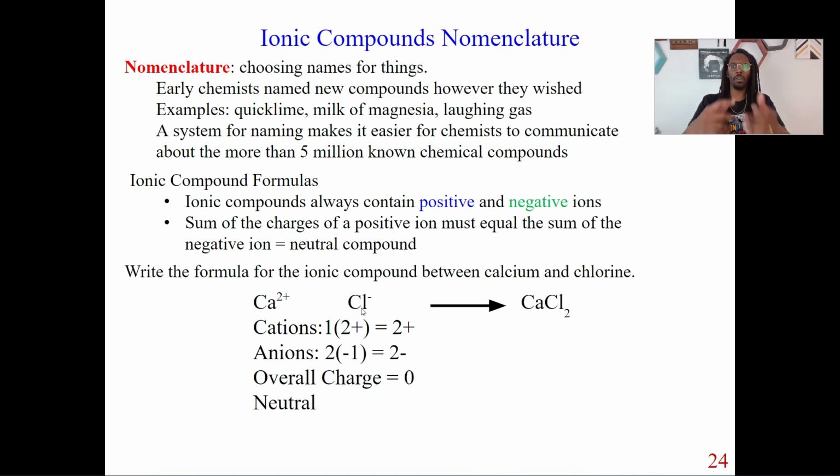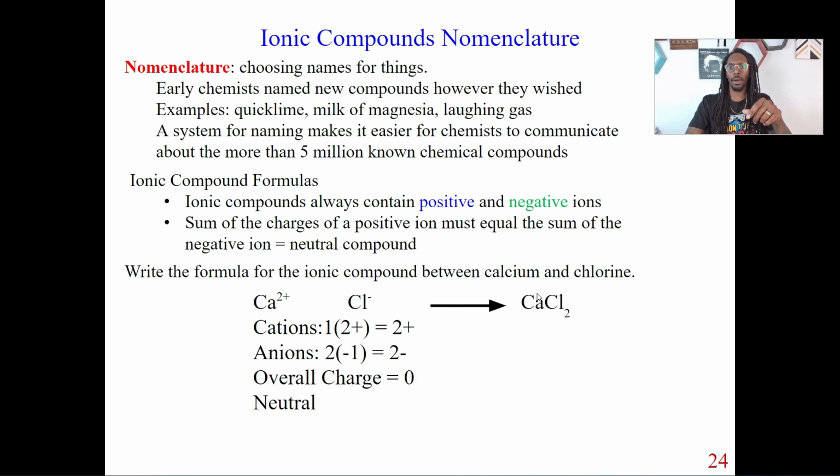Halogens, with chlorine, right? We talked about how halogens are very reactive gases. Guess what else they have in common? They have a charge, right, of -1. So all halogens will have this charge of -1. So when we look at calcium chloride, calcium has a +2. Chlorine is a -1. So once again, I just said that if it's a neutral compound, which this is, the sum of the charges of the positive ion must equal the sum of the negative ion.